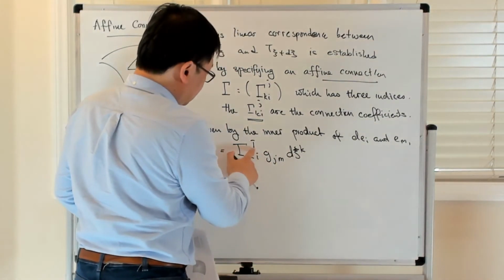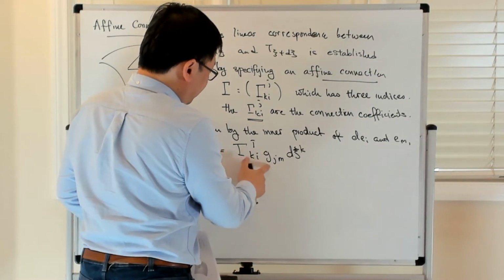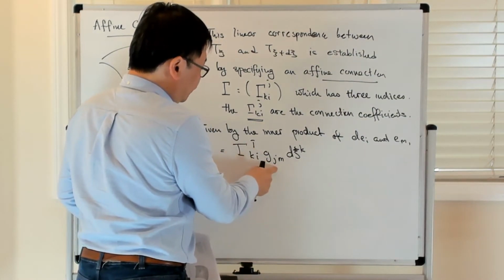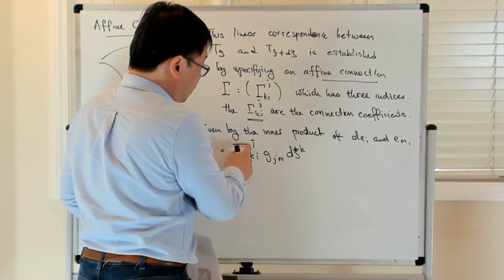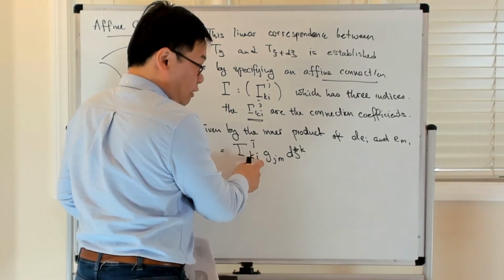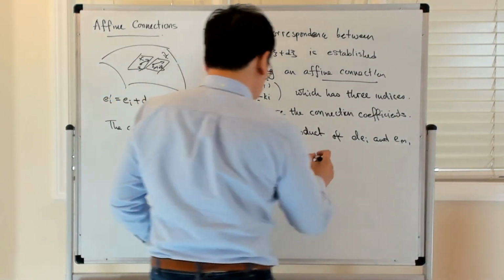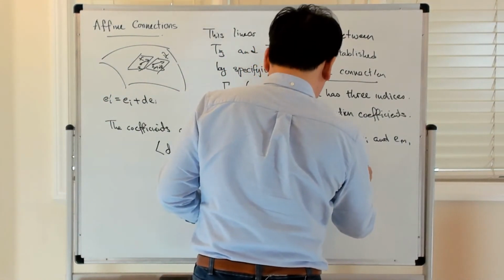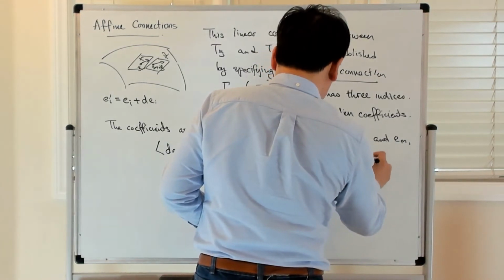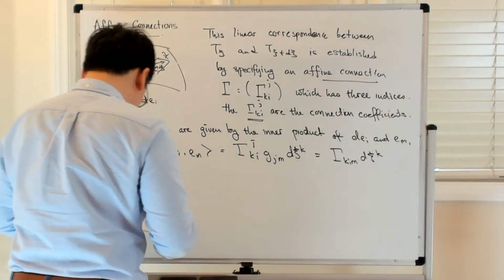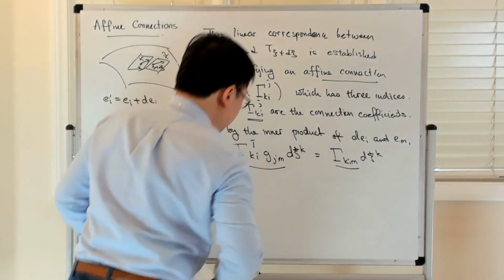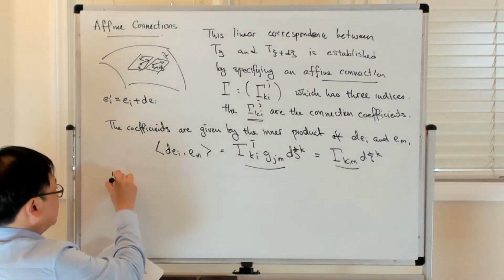If you recall, when you have the metric in this way, with this repeated index on one of them, this gives you a way of lowering that index. So this gives me gamma_kim D cos c_k, where this is equal to this.